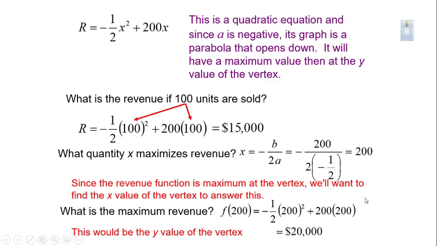So the maximum possible revenue I can obtain from this model is $20,000, and that will occur when we sell 200 items. So 200 is the x coordinate of the vertex, and 20,000 is the y coordinate of the vertex, and the y coordinate tells us the maximum value. And we know it's a maximum because the x squared has a coefficient that is negative.